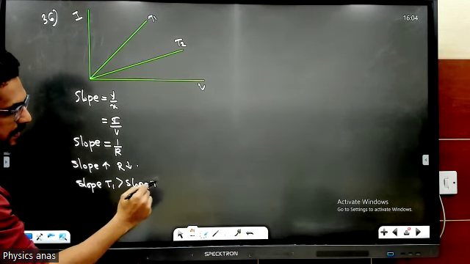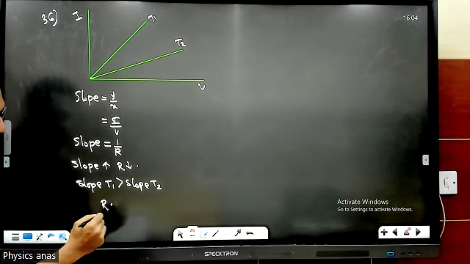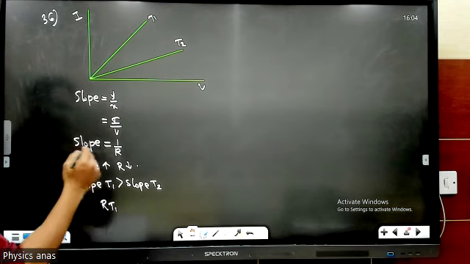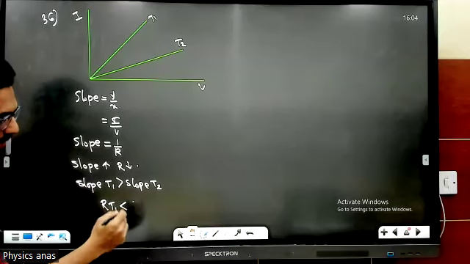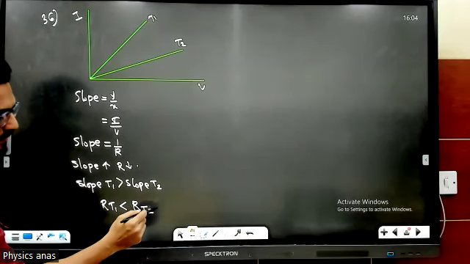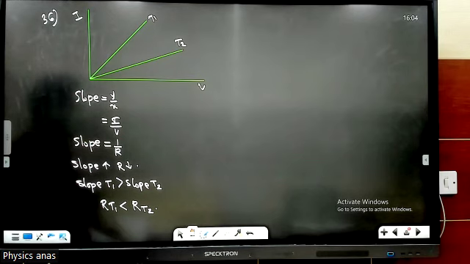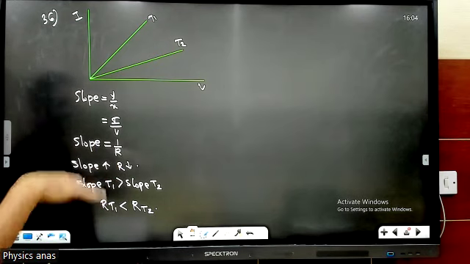Slope and resistance are inversely proportional, so resistance of T1 will be less than resistance of T2. Slope of T1 is greater, that means resistance of T1 is lesser.